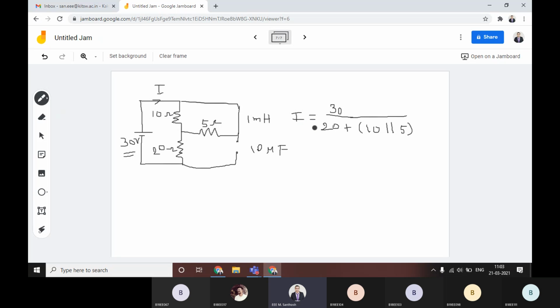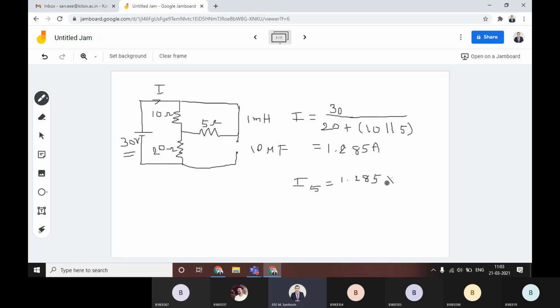How much are you getting for the I value? Sorry, 1.285. Okay, 1.285 amperes exactly. Then if you want to find the current through the 5 ohm, the total current is this 1.285. This is the current division rule.